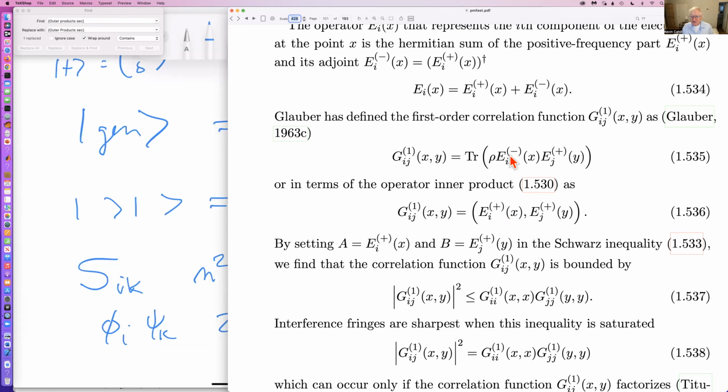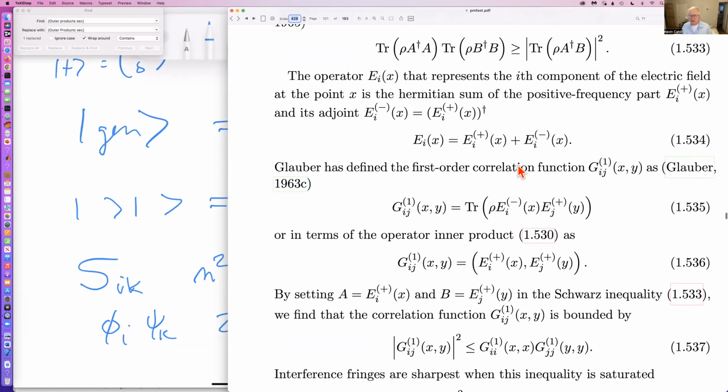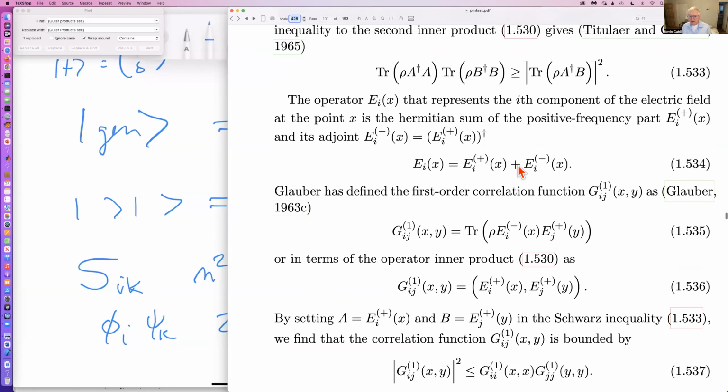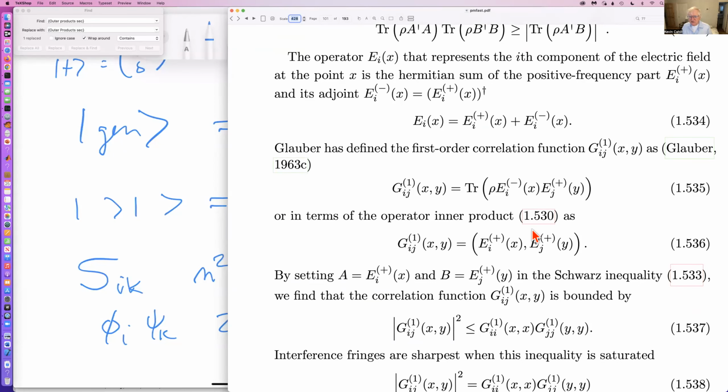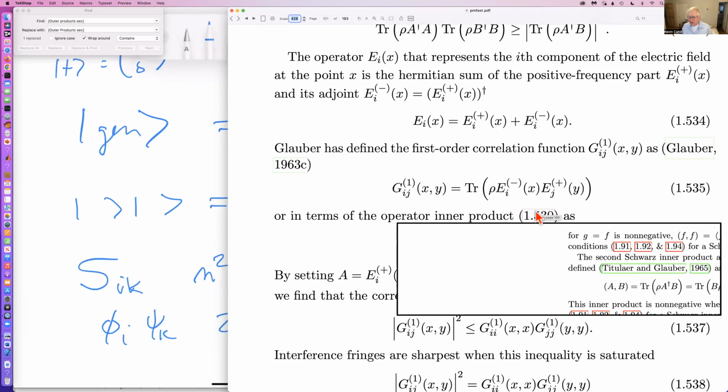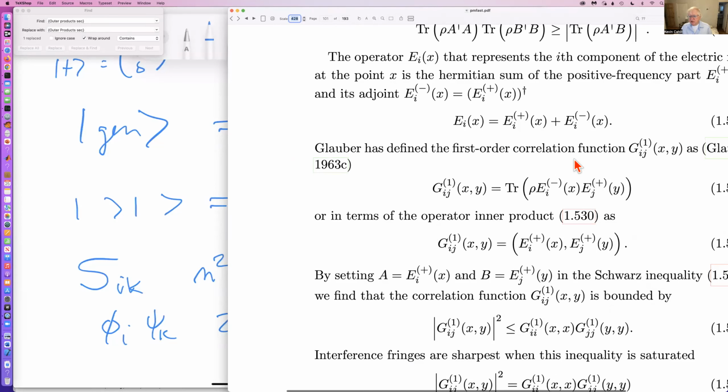That's because E plus and E minus are adjoints of each other. Now, let me actually check to see whether that's right. Yeah, because in terms of the operator inner product, you take the adjoint of one of them, and so one of the E pluses turns into an E minus.